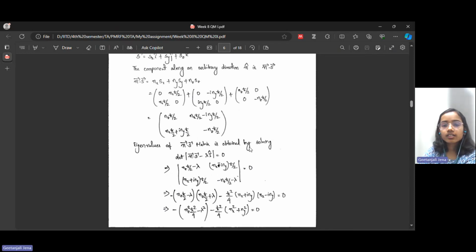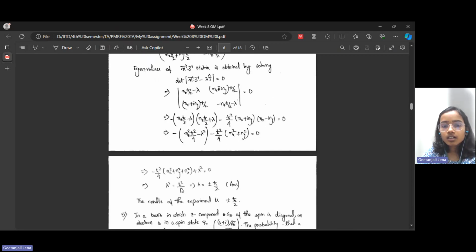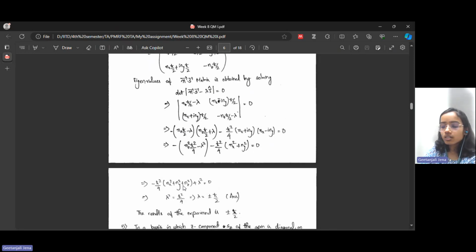So this is how you can find the eigenvalue. Now, if you solve this matrix, you will get the eigenvalue lambda equal to plus or minus h cut by 2. So the result of this experiment will be plus or minus h cut by 2.